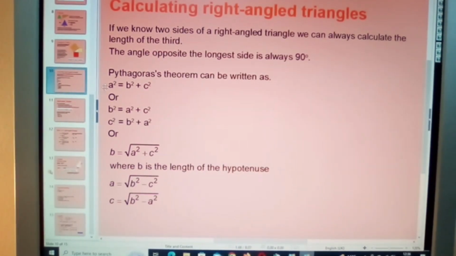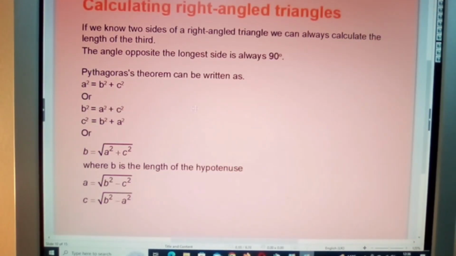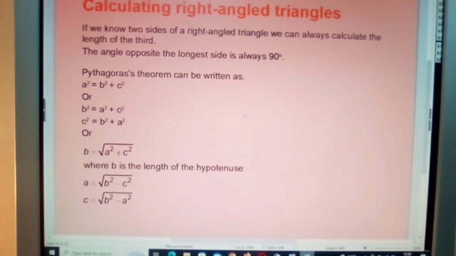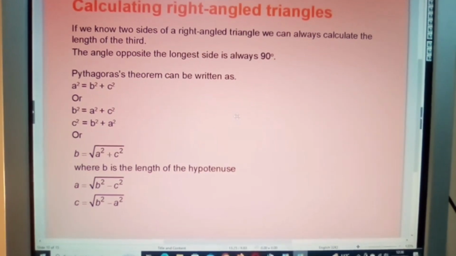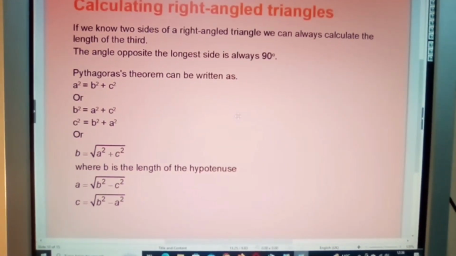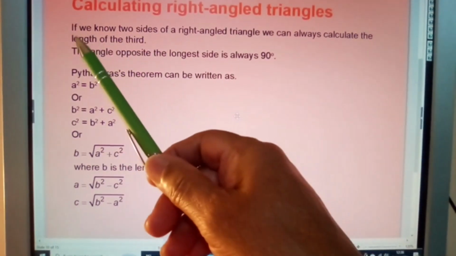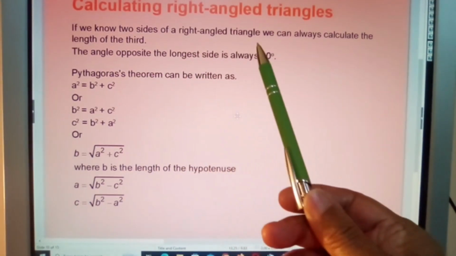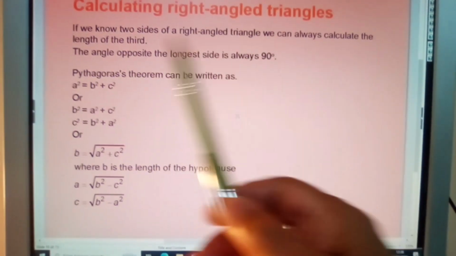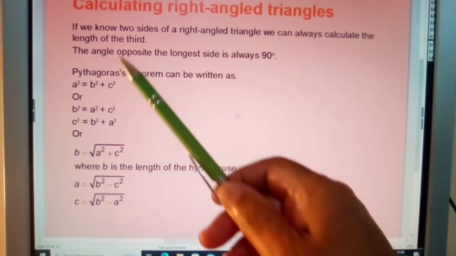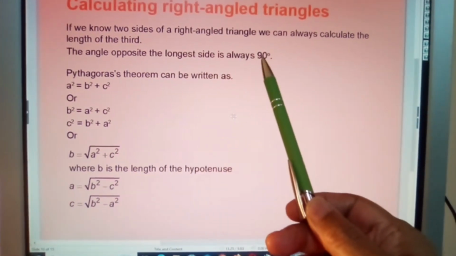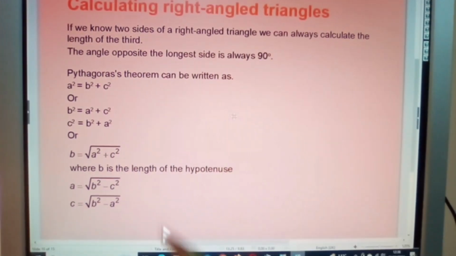Okay, calculating right angle triangles now. The intention here is, if we know two sides of a right angle triangle, we can always calculate the length of the third. The angle opposite the longest side is always 90 degrees.